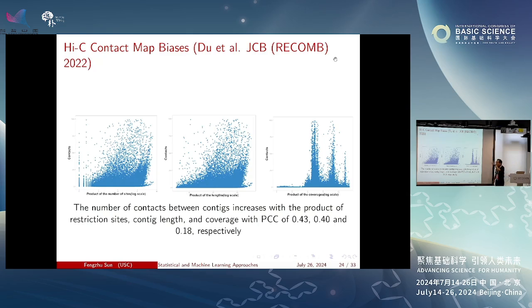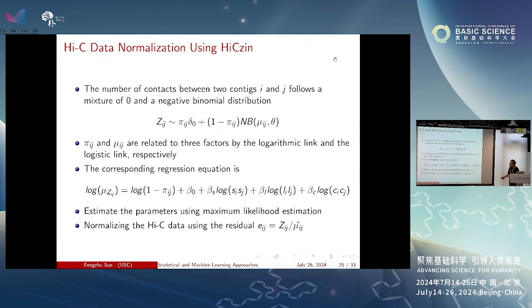Therefore we need to normalize this data, and that becomes a data normalization problem. My students did some normalization, and we developed a method to analyze those Hi-C data and to study viral-host interaction in particular samples.